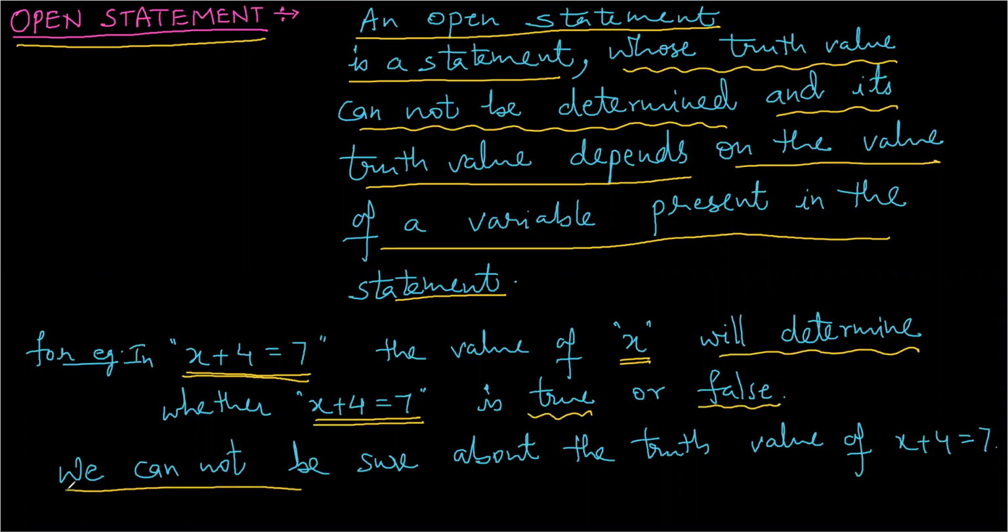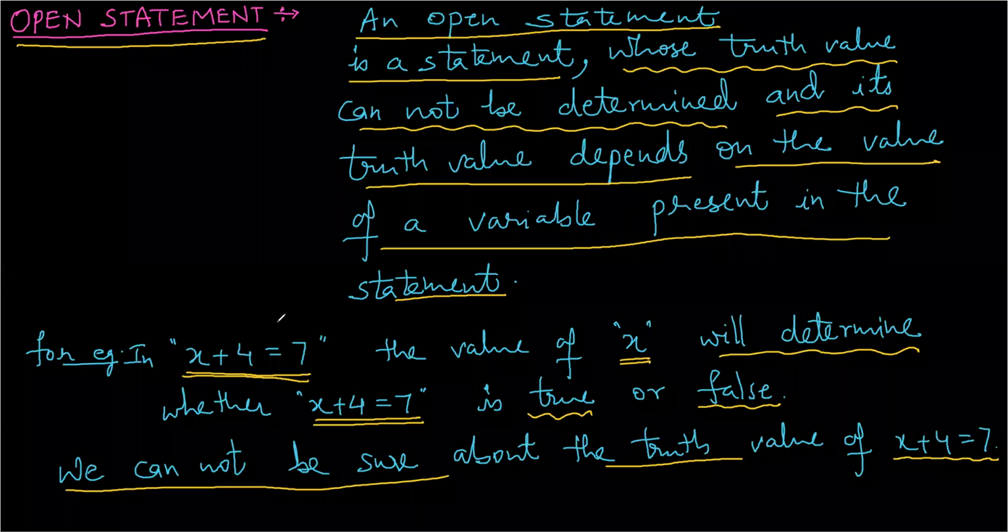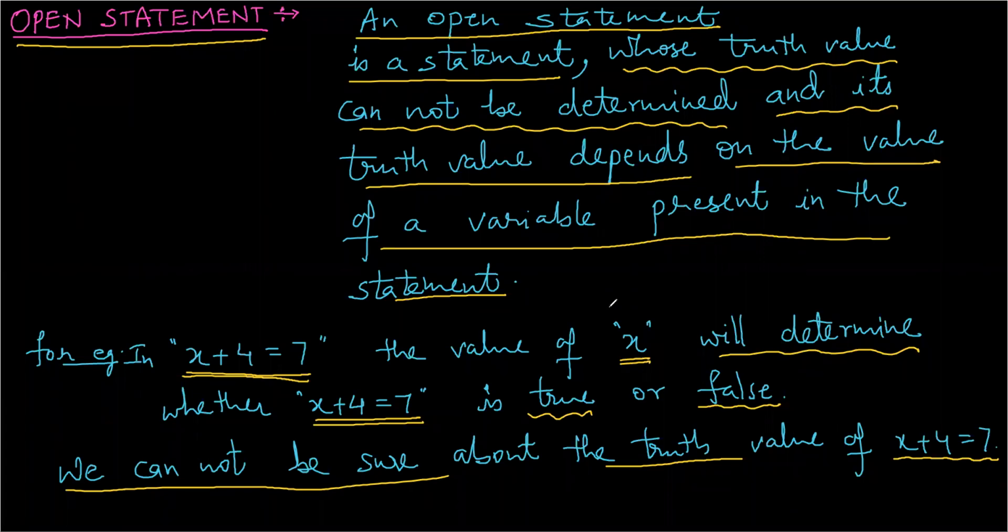We cannot be sure about the truth value of x plus 4 equals 7. I cannot say it's true or false. And you know, this is the most important condition for a mathematical statement. You have to know the truth value. If you cannot know the truth value, it cannot be a mathematical statement.